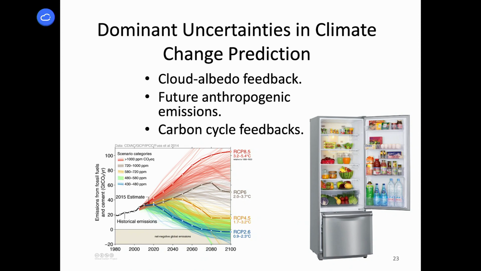And the third biggie are what you should think of as carbon cycle feedbacks. The most important one is represented by this refrigerator door full of vegetable matter. If you open the door to your refrigerator and leave it open, your vegetables will return to the atmosphere at an accelerated rate, okay?